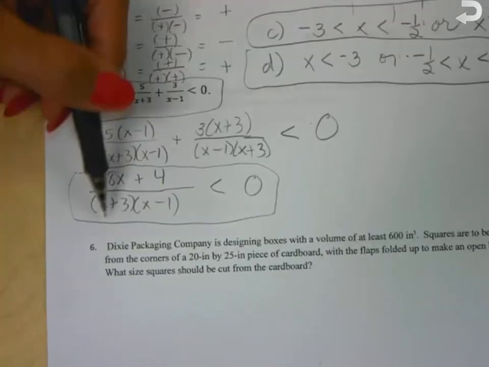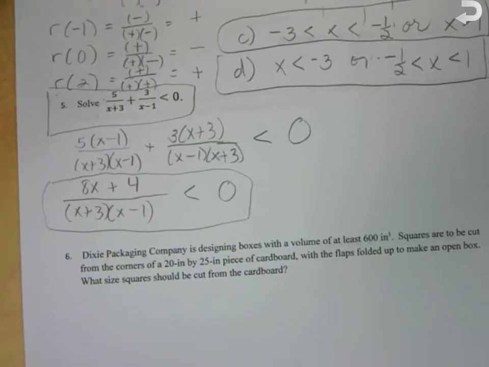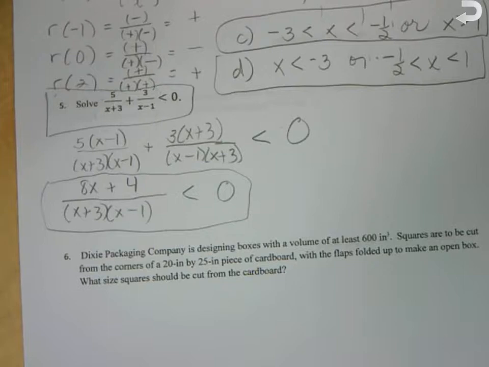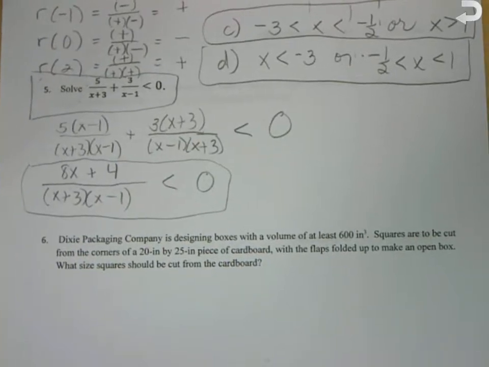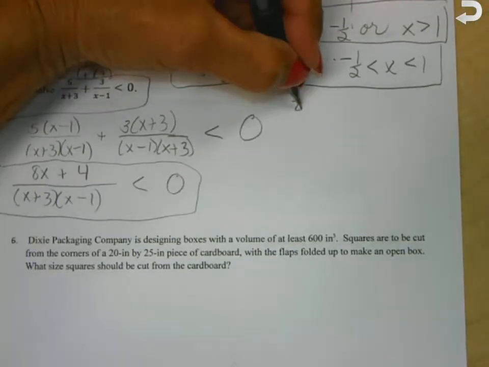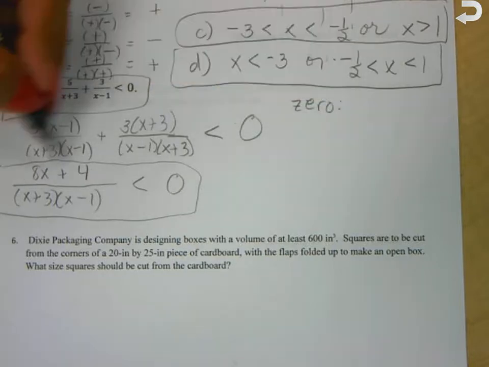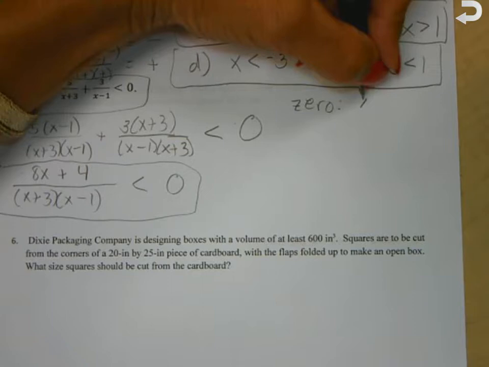So if I'm solving an inequality and I have a rational inequality, I have to do the same technique that I used in the problem above. I need to find where the function is equal to 0 and where it's undefined. I will plop those values on my number line and make a sign chart. So I need to find where does the function equal 0.